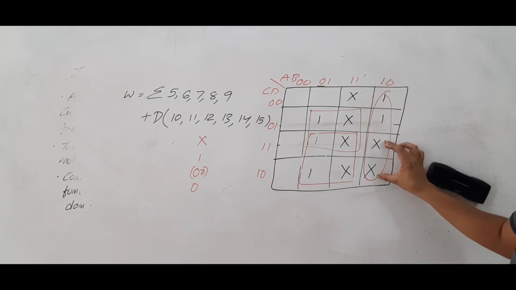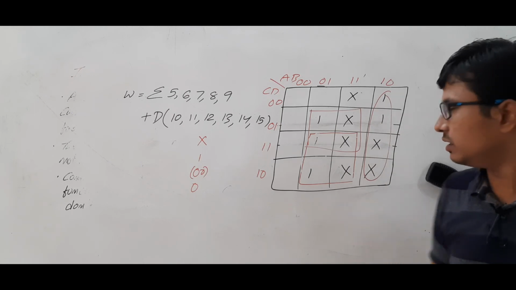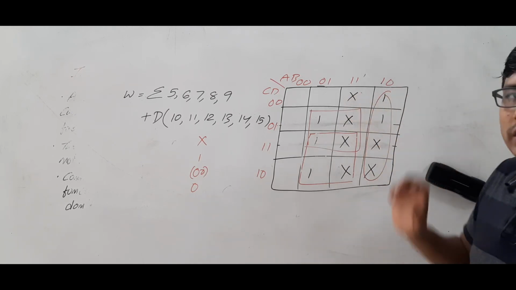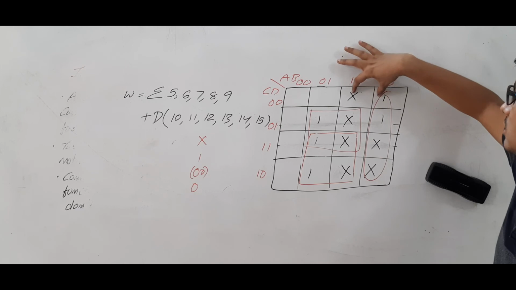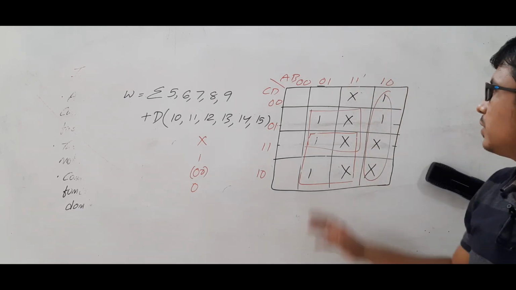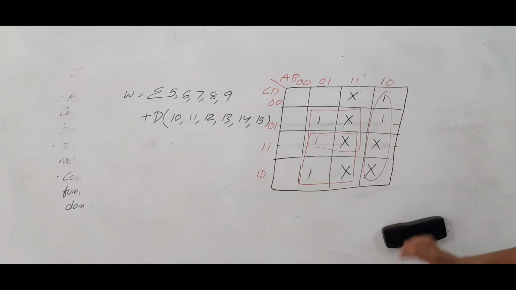If I combine with these two don't cares, I will consider them as producing the output 1. So I am considering 4 ones. But why am I not considering this one? This is not useful for me when I am joining it, because that is not required. So here I will consider it as producing the output 0. Are you able to understand it or not? So give me 1 minute.